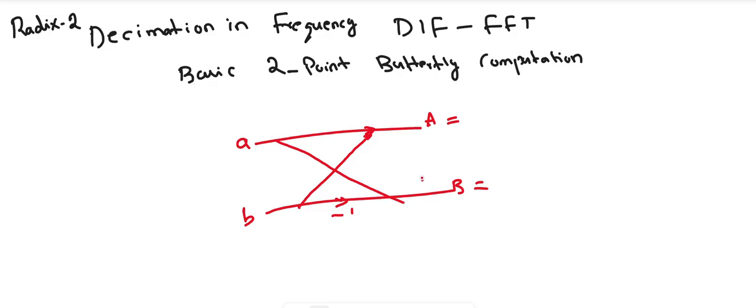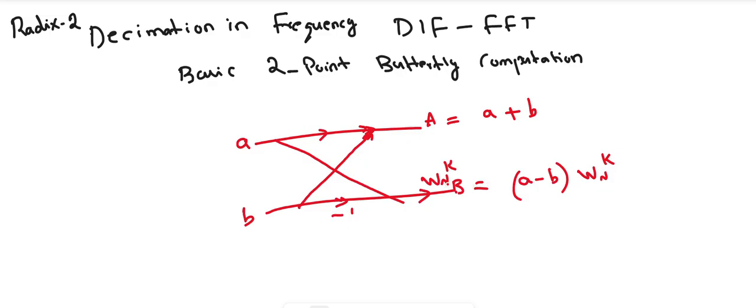Here the W factor, W_N^k. So the upper output is a plus b. In this computation the lower output is a minus b, so b is equal to (a minus b) into W_N^k.